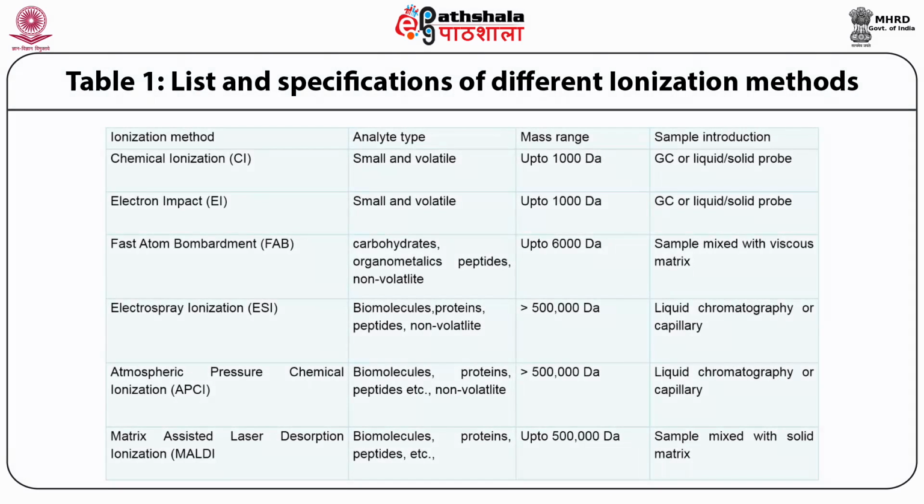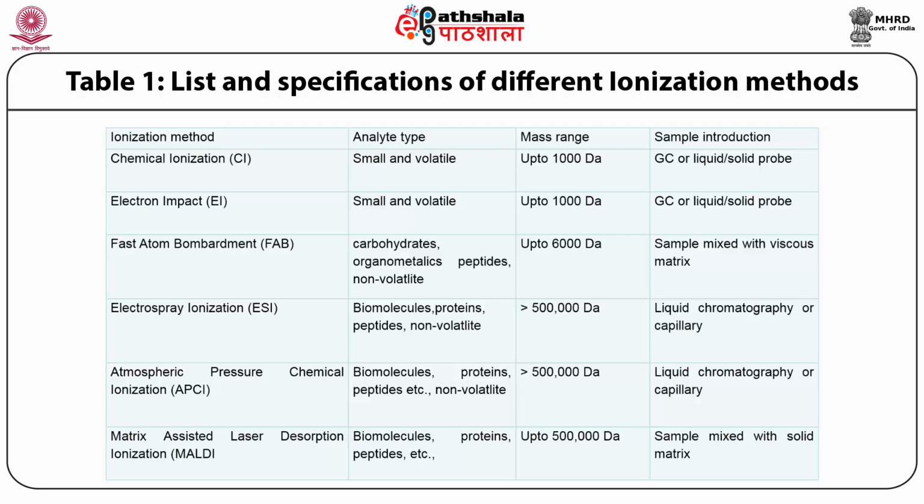Methods of sample ionization. This figure shows the list and specification of different ionization methods. Among these, electron impact and fast atom bombardment are older methods and usually required for specific needs. For example, electron impact is utilized for environmental work using GC-MS.